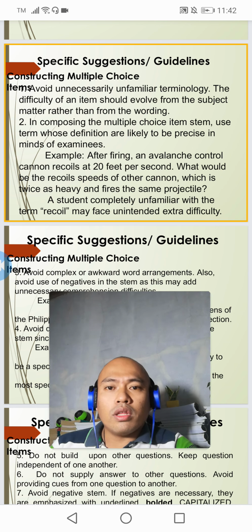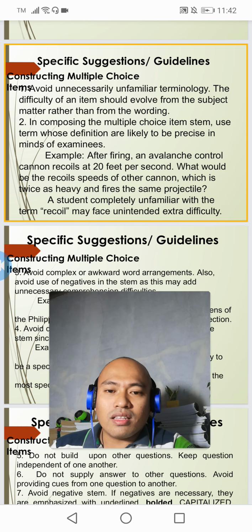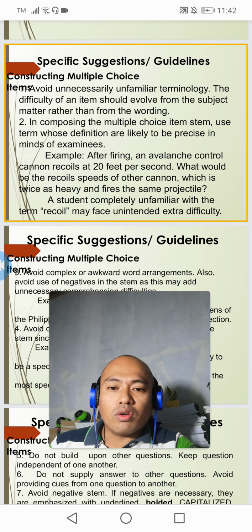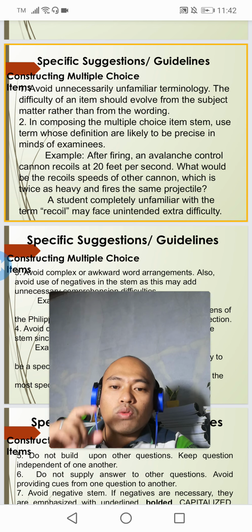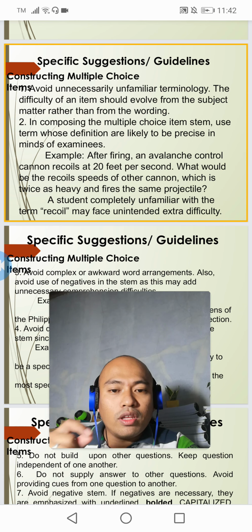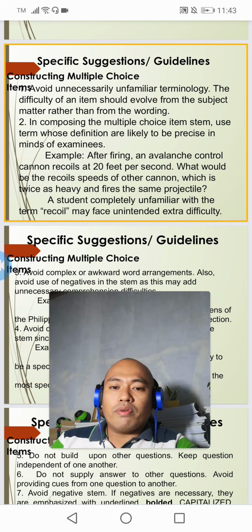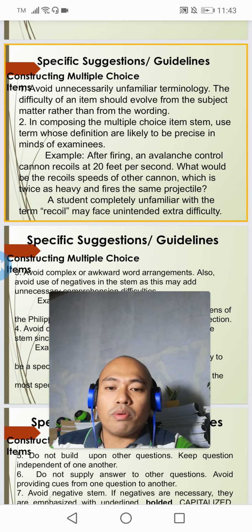A student completely unfamiliar with the term recoil may face unintended extra difficulty. If this will be the case, again, it will lessen the reliability of the test instrument, which we need to avoid. We need to increase the reliability of our test instrument. We need to have at least moderate difficulty in all the items that we are preparing.